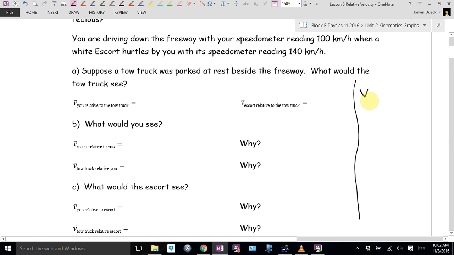Let's use a capital Y as our abbreviation for you. What would be a good letter to use for tow truck? I'm going to use a capital T for the truck. What would be a good letter to use for the Escort? Capital E for Escort.